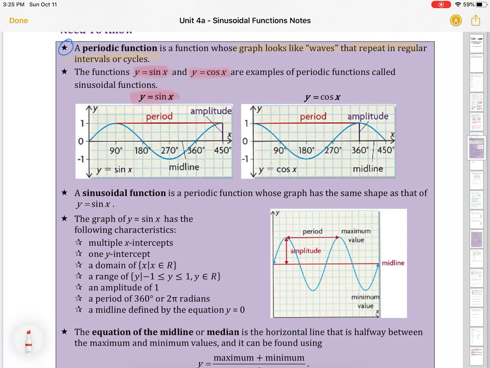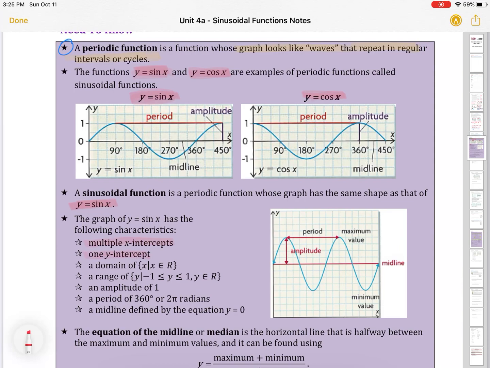They're examples of periodic functions called sinusoidal functions, but we will look at both. A sinusoidal function is a periodic function whose graph has the same shape as that of y equals sine of x. Now, the graph of y equals sine of x, and we looked at this with both radians and degrees, has the following characteristics.